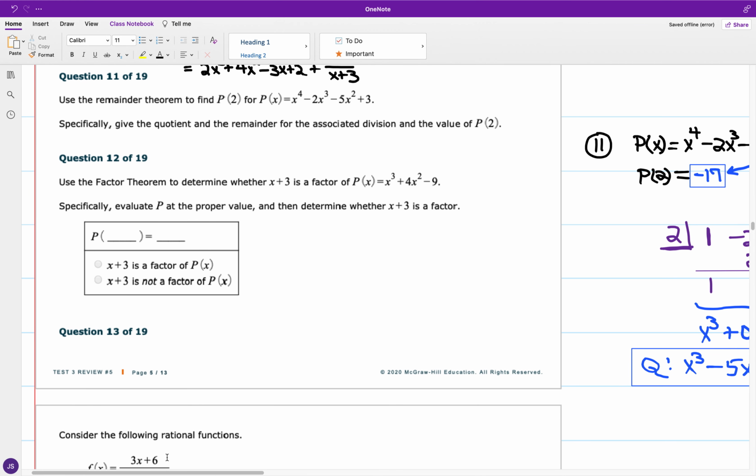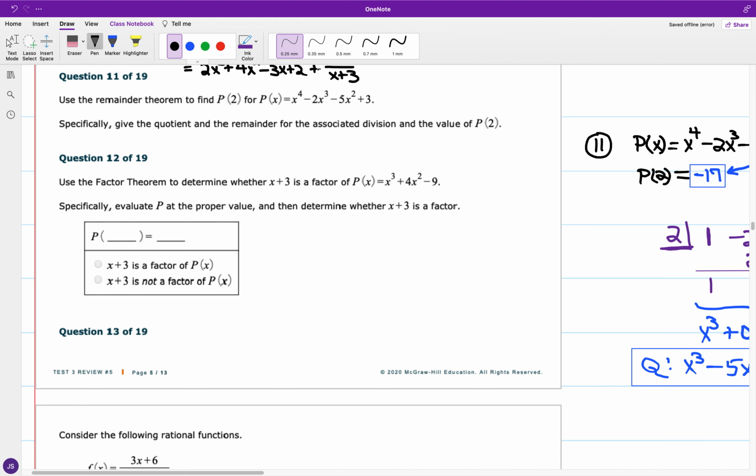Now, for what we have in the case of the factor theorem, and again, this goes hand in hand with the remainder theorem, we're looking at whether x plus 3 is a factor of p of x is equal to x cubed plus 4x squared minus 9. In terms of the fill in the blanks and determining whether or not x plus 3 is a factor, we can kind of put what we have also in terms of synthetic division.